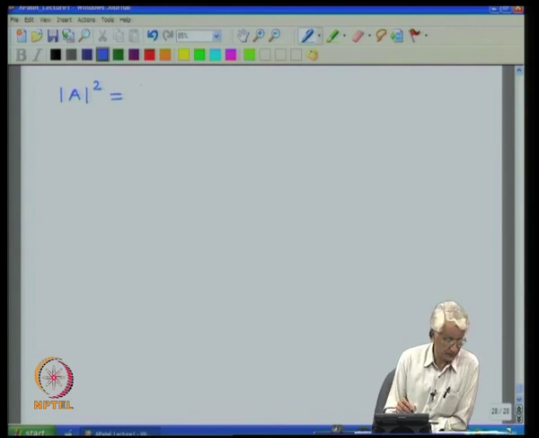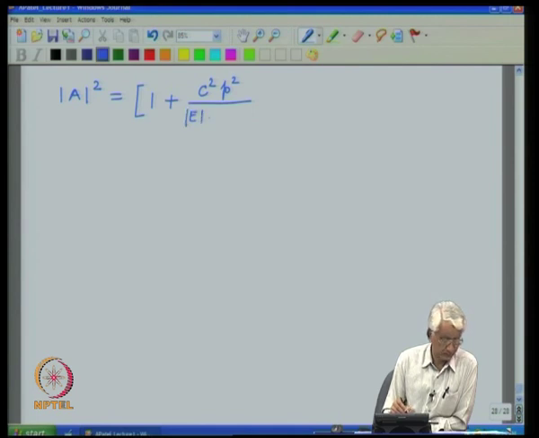So, one can easily see that 1 is there, square of the lower component will give c square p square divided by mod E plus m c square whole thing square.